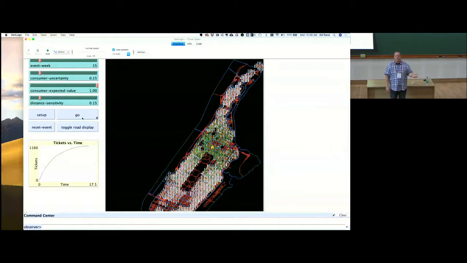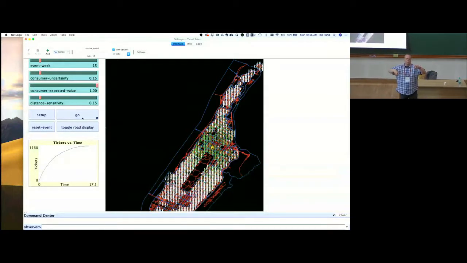So there's a question about how to properly choose where to have your event, if you think it's not going to sell out, to maximize the amount of sales you have. There was a paper that talked about this, and I took part of the model, not the full model, and built it into an agent-based model for this.